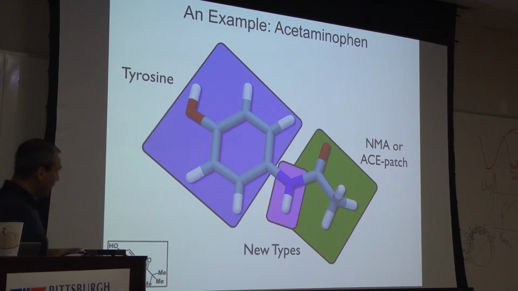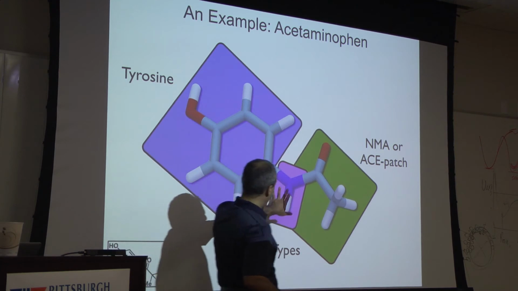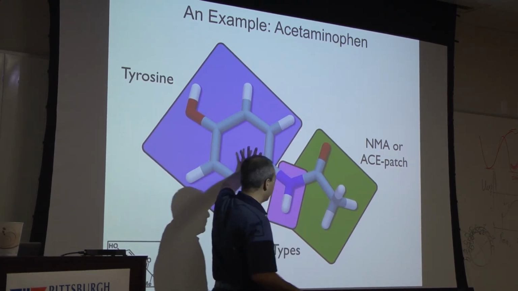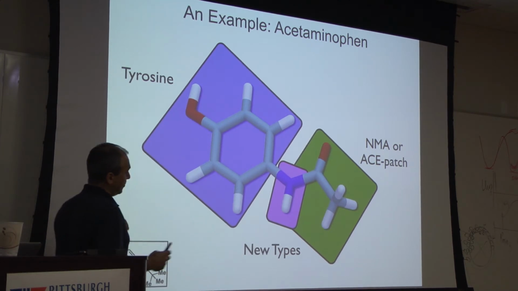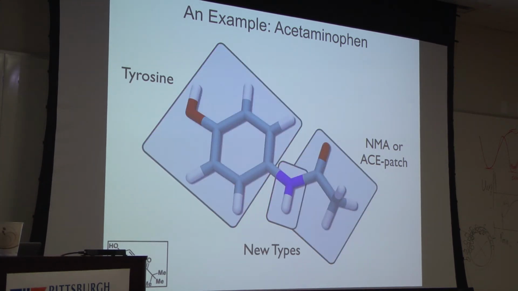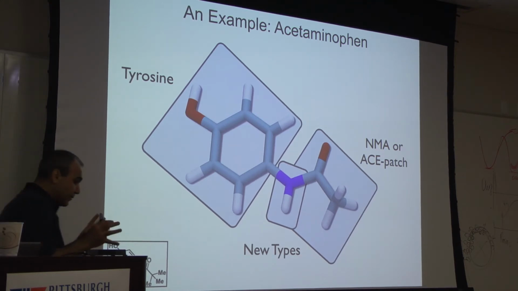Then we need to work on this part in the middle, because it is now sitting between two different functional groups. This connectivity doesn't exist in the standard force field. We have to do something special about this fragment in the middle. So these are the three types of fragments that I have to work with.